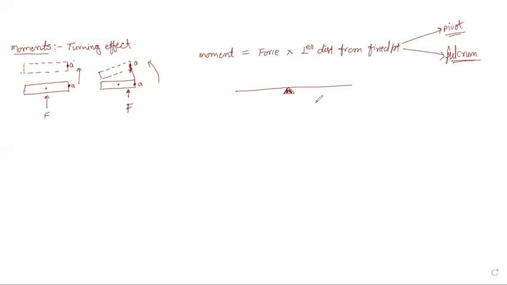And in a wall clock, the point where the minute hand and second hand are joined is treated as pivot.